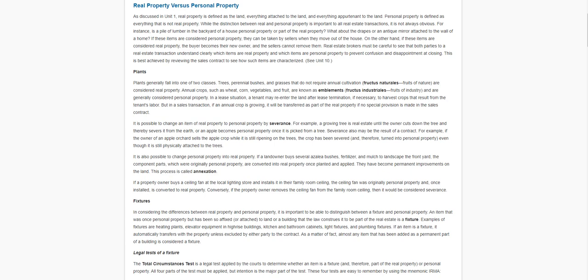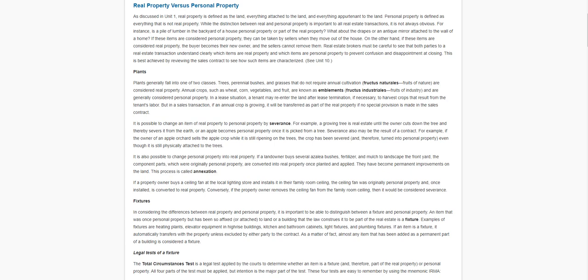If the crops are done growing and his lease terminates, he can say, "Hey, I'm the one who put effort into these. Here's the proof. I'd like to go and harvest the crops that result from my labor." But in a sales transaction, if an annual crop is still growing, it will be transferred as real property if no special provision is made in the contract.